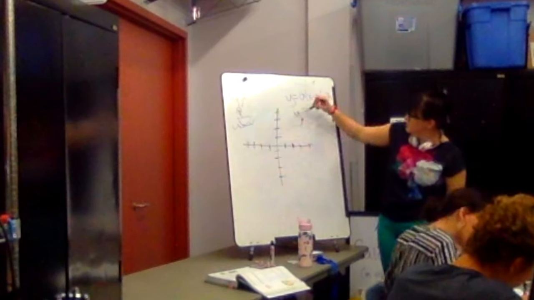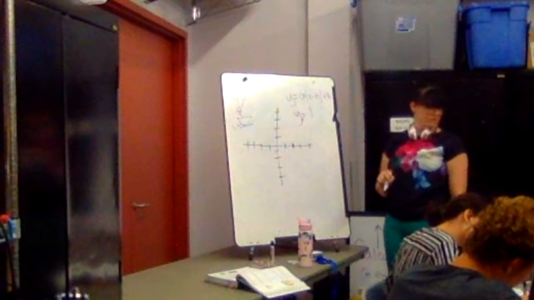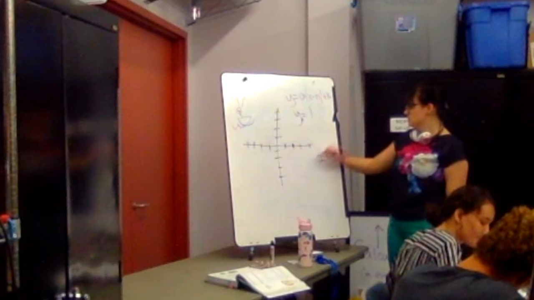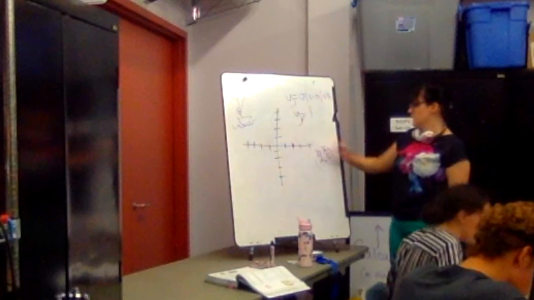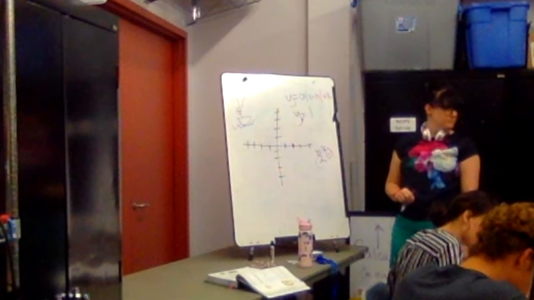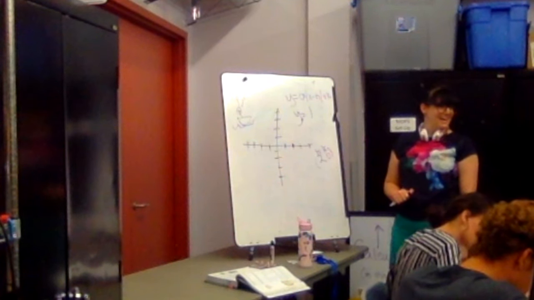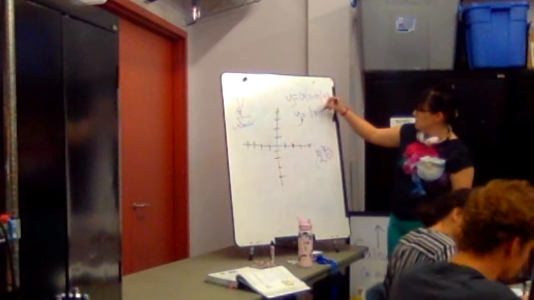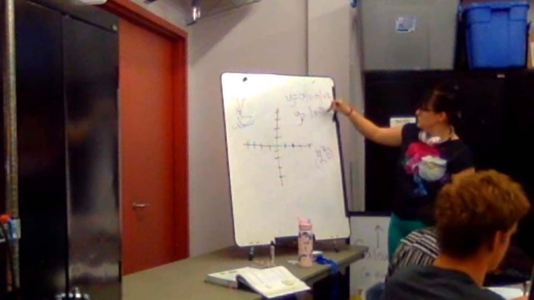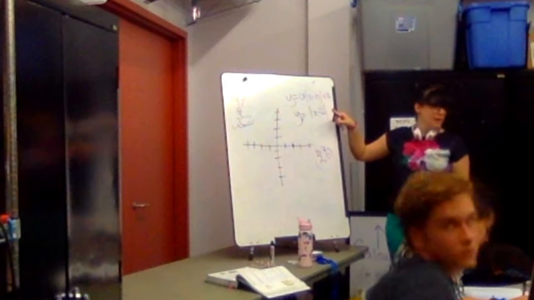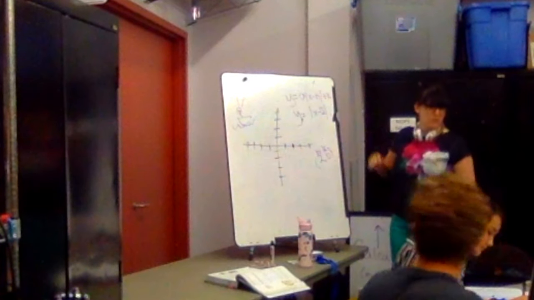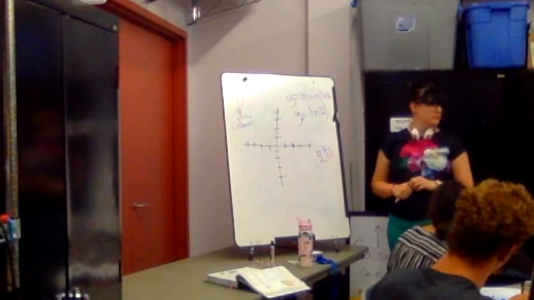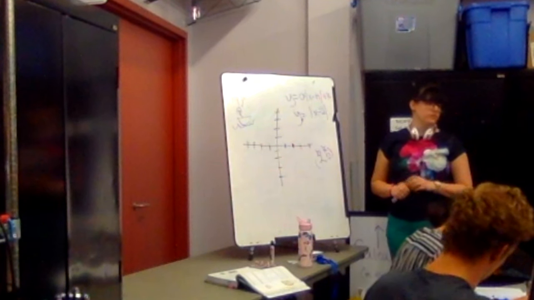We know that our vertex is at 2, 0. So this is my h and this is my k. Everybody good? So, x minus 2. I would do plus k, but I don't need to, because k is 0. So I don't need to write plus 0.